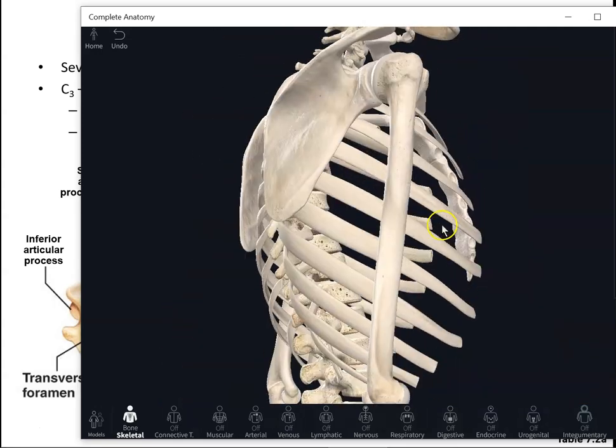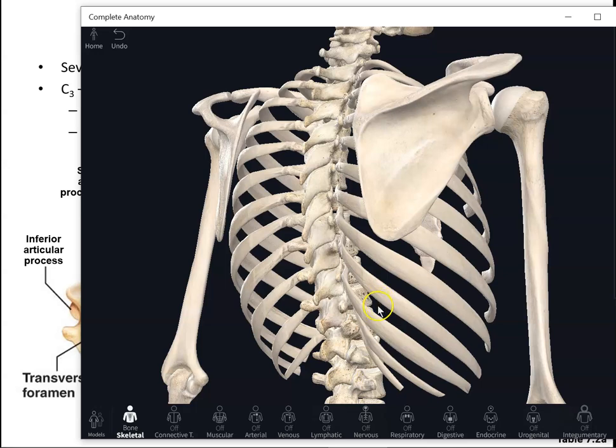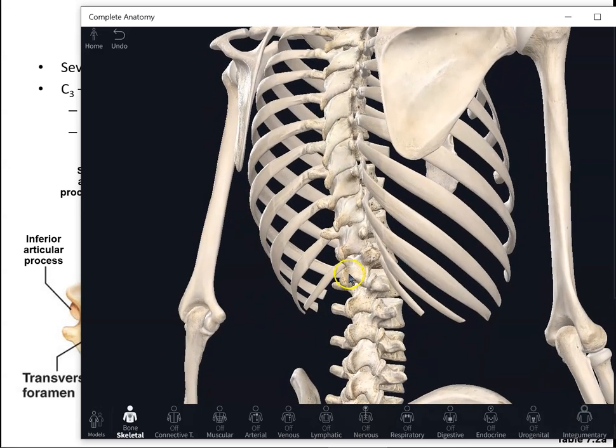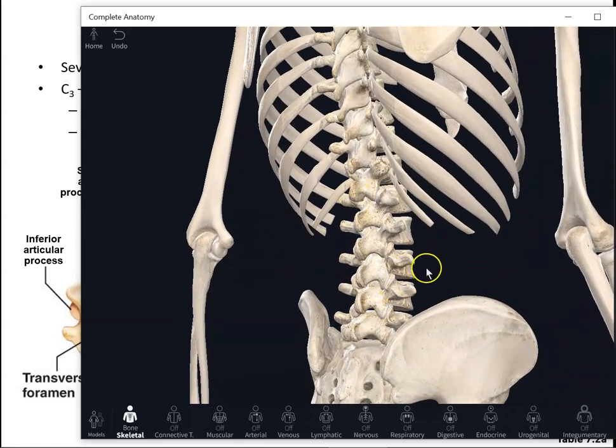So that is what drives a lot of the differences in the structures of the vertebrae. A lot of what you'd see when you compare them really comes down to which way the articular processes and facets are facing. And the articular processes and facets face that way to allow and prevent certain types of motion.